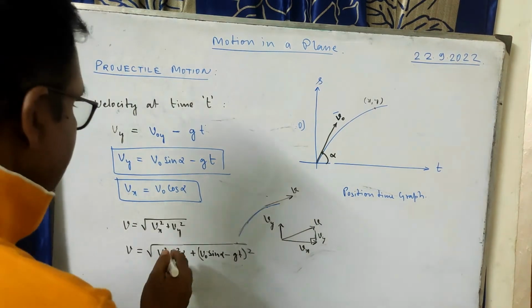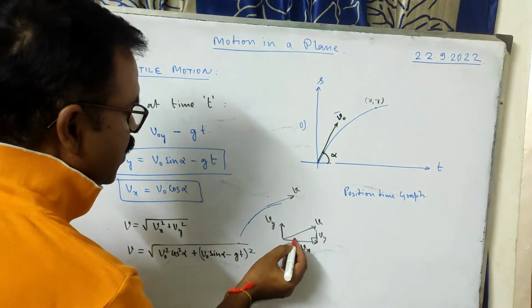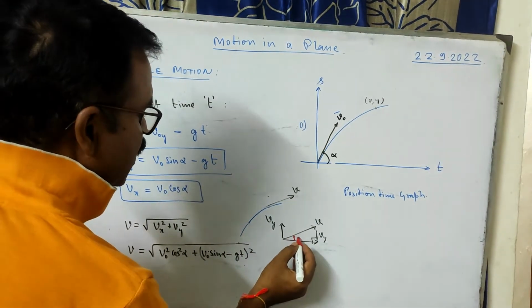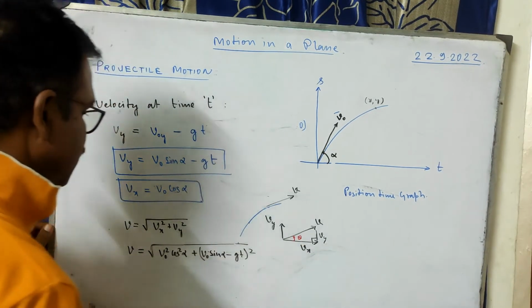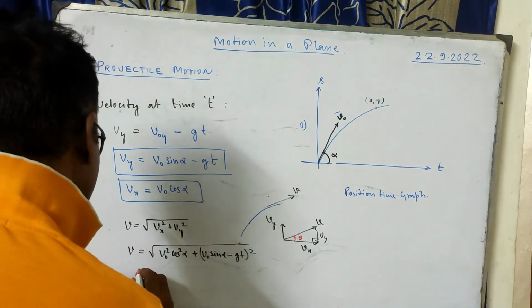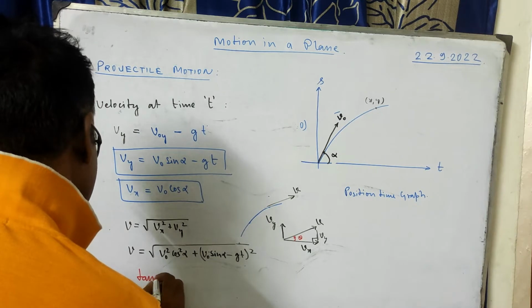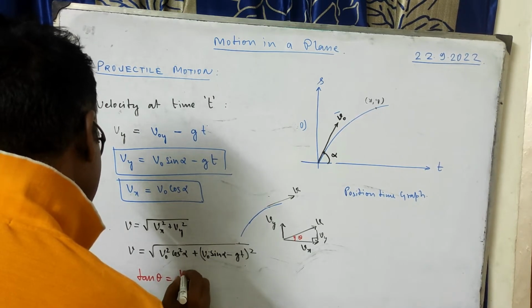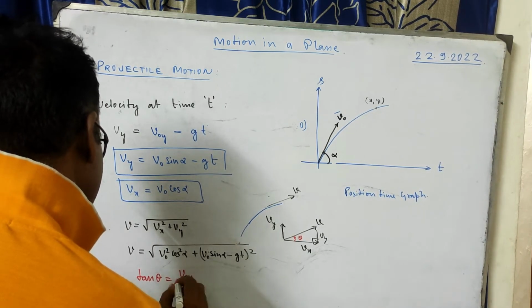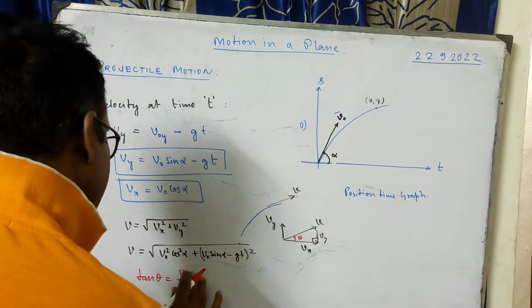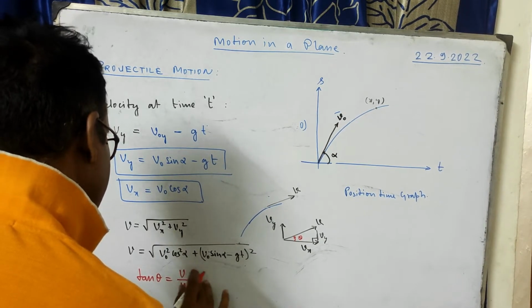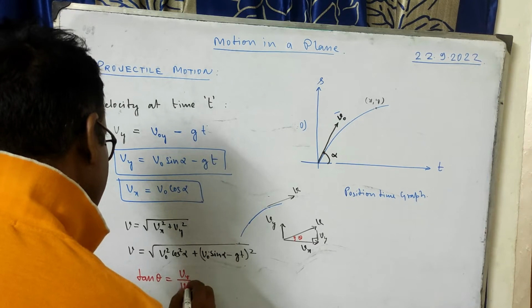Once we got the magnitude, then we have to find out the direction, because velocity is a vector. So direction: tan theta is equal to what? That is Vy by Vx.